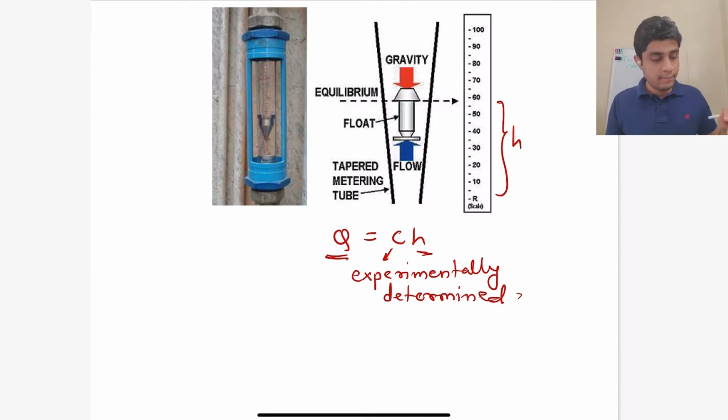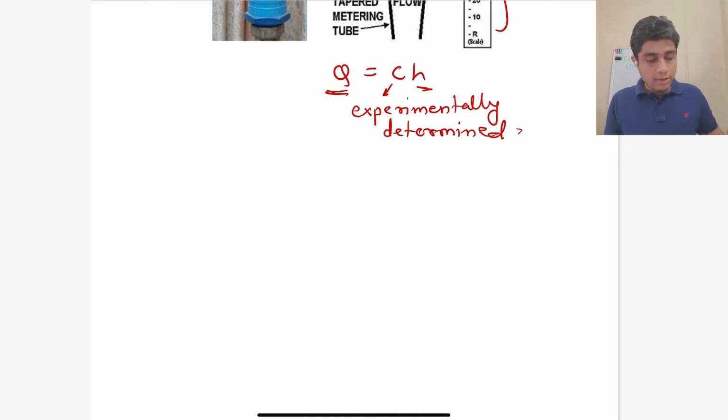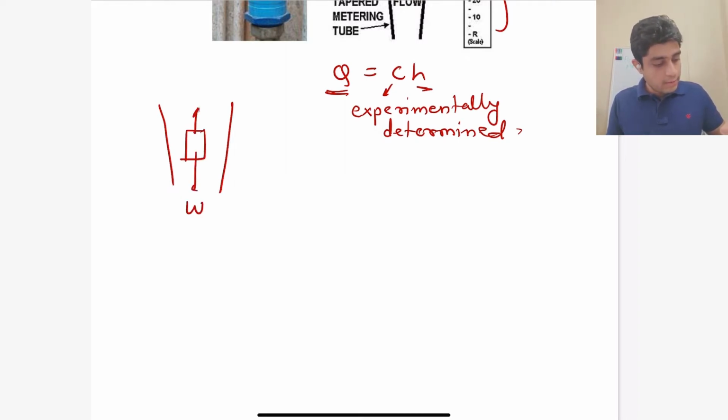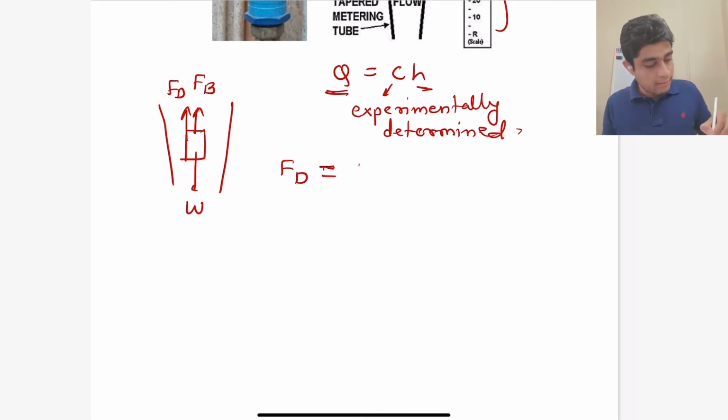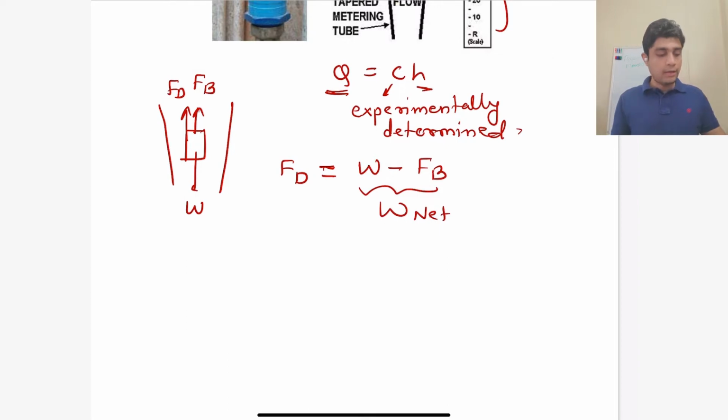So I will not derive the equations in detail, but the basic force balance on this object is its weight, the force of buoyancy, and the drag force. So the force balance gives us that the drag is equal to the net weight of the fluid, which is its actual weight minus the force of buoyancy.